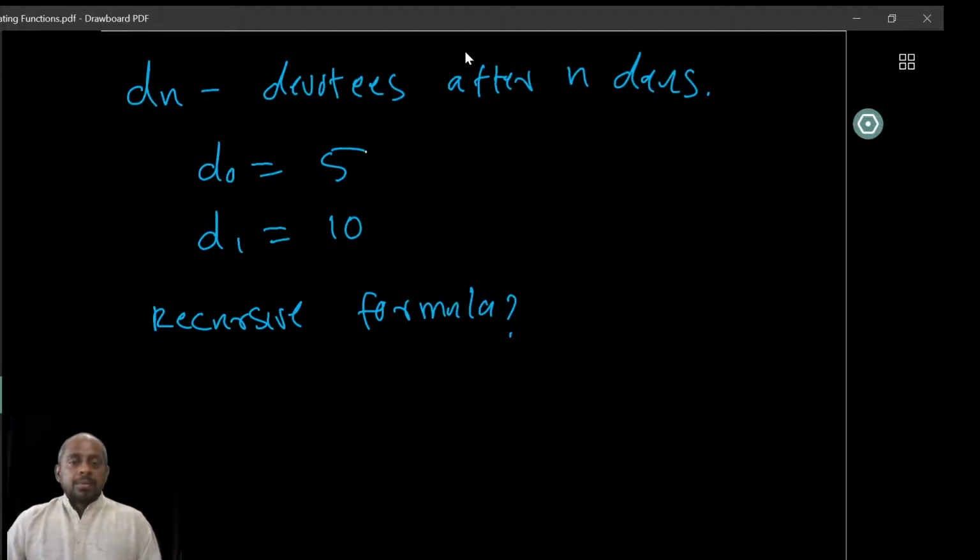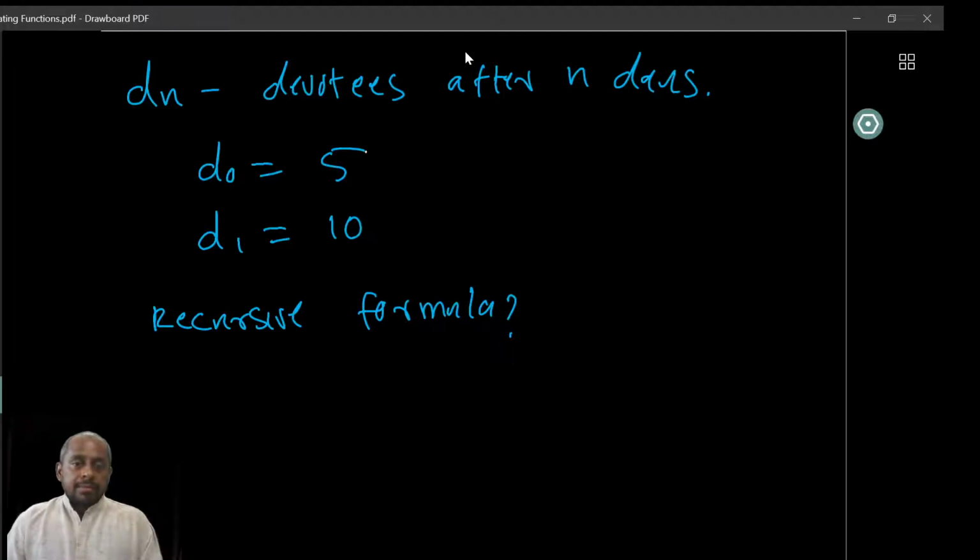So maybe you should think about this. What is the recursive formula? Because sometimes coming up with the recursive formula can be a little tricky, but in this case it is not very difficult. So let us see.